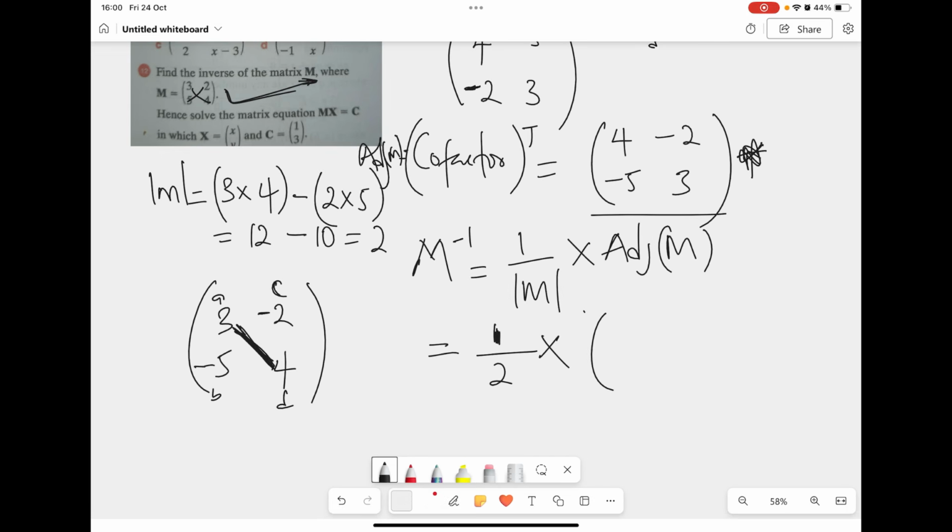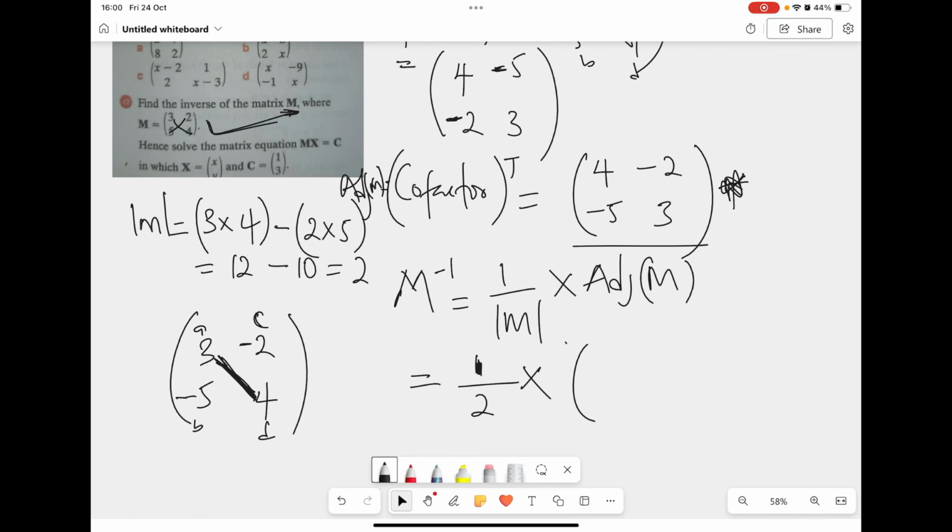And the shortcut is, if you want to find the inverse of your matrix M, just exchange A and D. After exchanging, put the signs. This will give you the adjoint automatically. So after the exchange, you have 4, minus 5, minus 2, then 3.